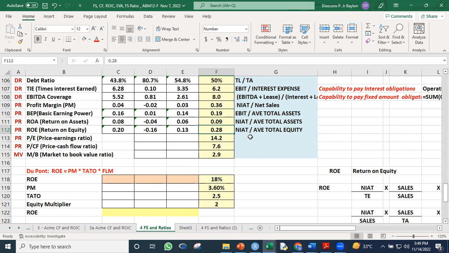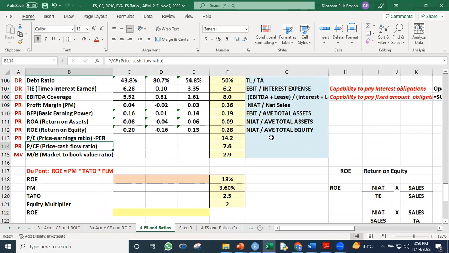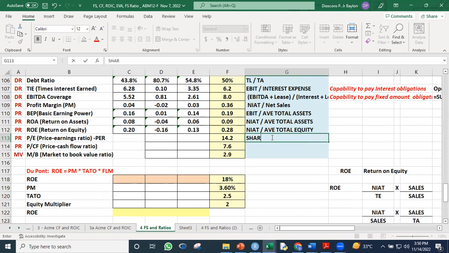Okay. All right. In the interest of time, class, ako na magbibigay ng formula nito. Ano yung price to earnings ratio? Others would call this PER. So ang price to earnings ratio is your market price or share price. Magkano yung price ng stock ngayon, okay?